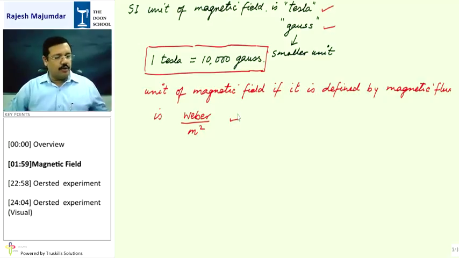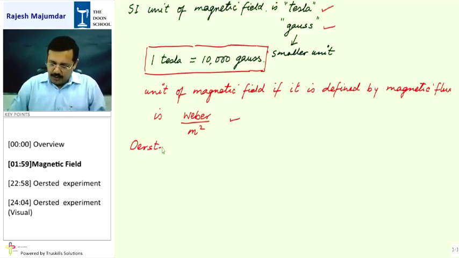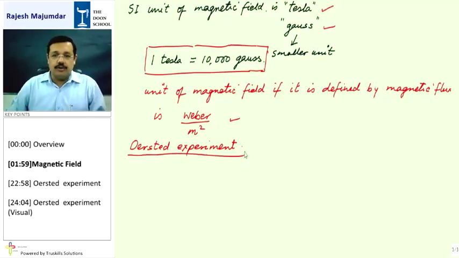And now what we are going to do is we will try to understand one experiment which was done by Oersted, and we are going to draw a circuit diagram to make you understand how Oersted found out the relationship. So this is known as the Oersted experiment, and the circuit diagram that I am going to draw here is a very simple circuit diagram.